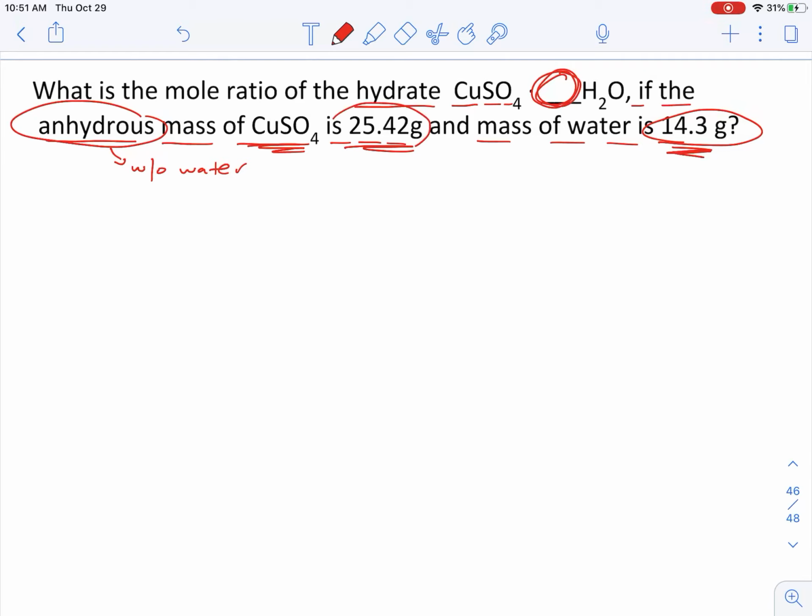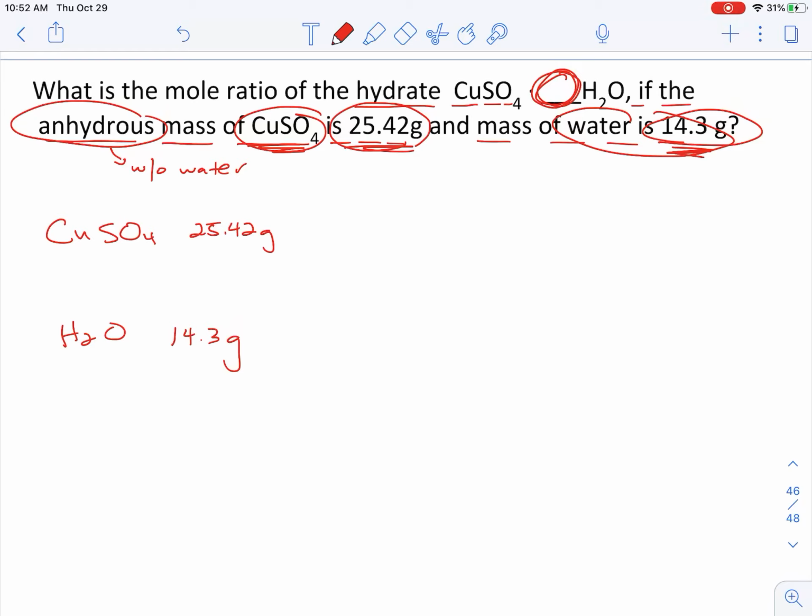We need to figure out what is the ratio of this amount of copper sulfate to this amount of water. And that leads us back to what we've done before. Copper sulfate is CuSO4, and our water is H2O. We have the mass of both: 25.42 grams and 14.3 grams. We can't really look at the ratio of those using the masses.